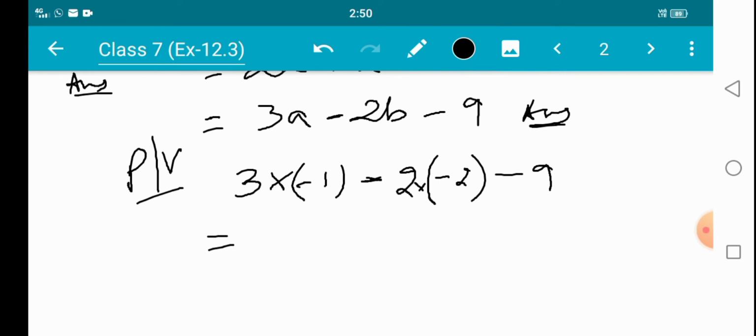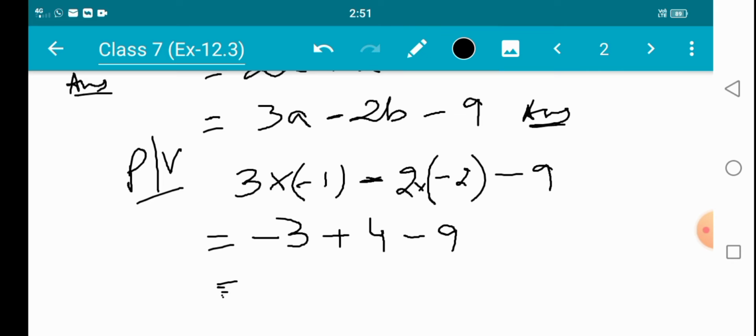3 ones are 3, but minus is there, so -3. Then inside the bracket it is -2 and outside it is also -2, so both minus will become plus. 2 twos are 4, and -9.